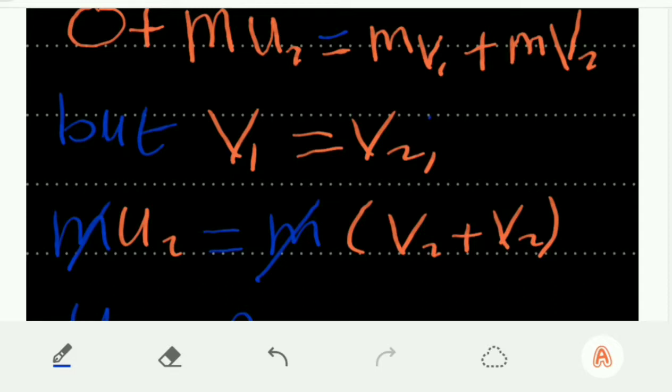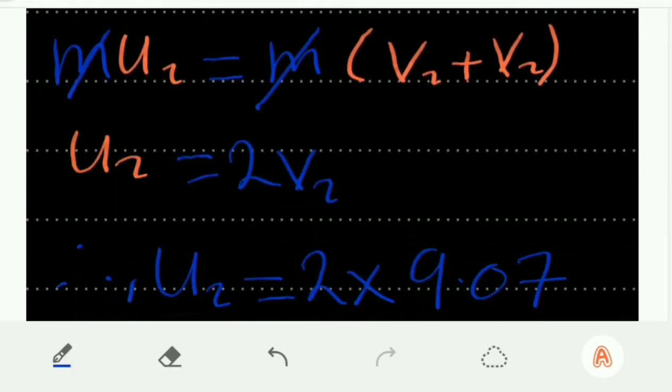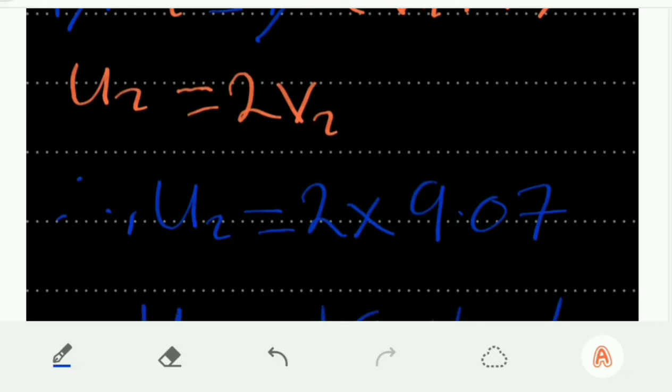So now we are saying u2 is equal to 2v2. Then we mean the initial speed of the second vehicle is going to be twice the final speed of both vehicles.